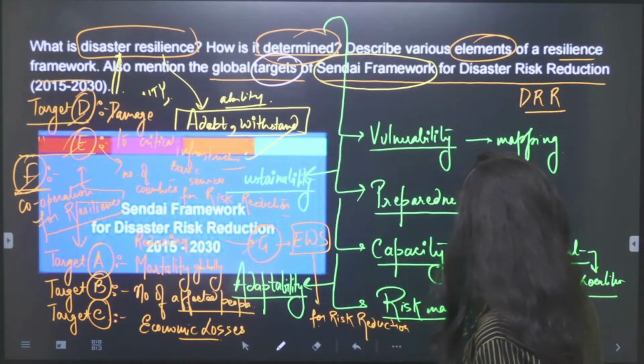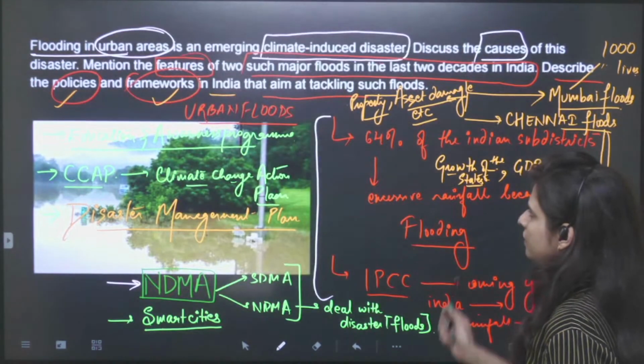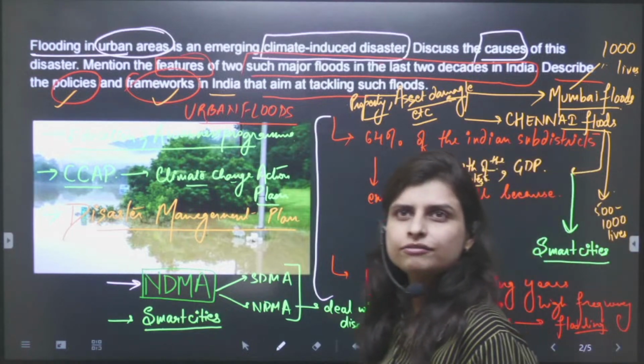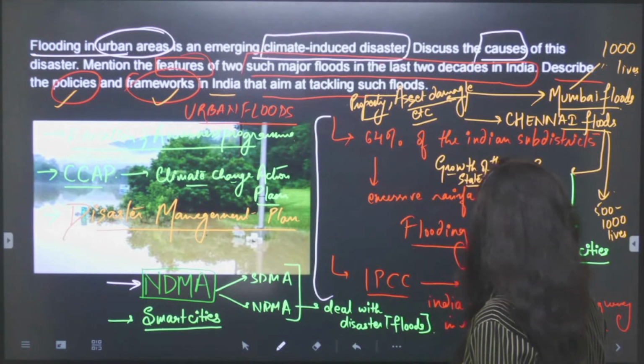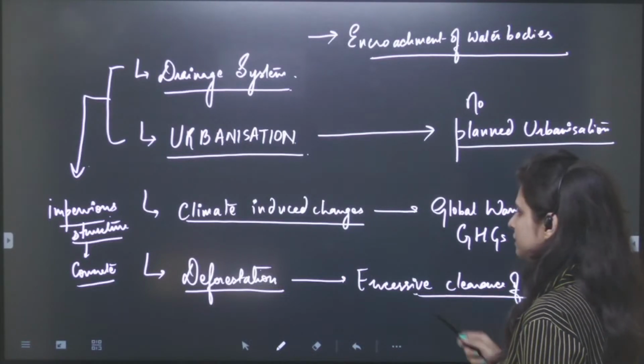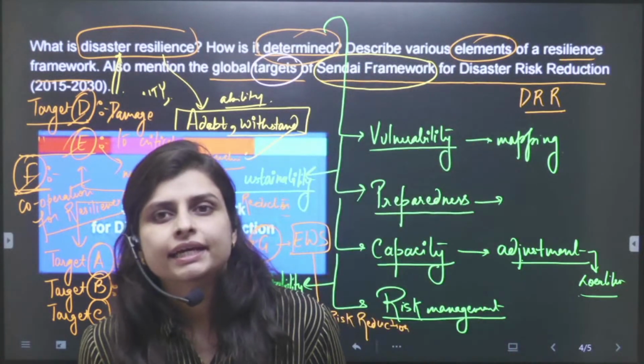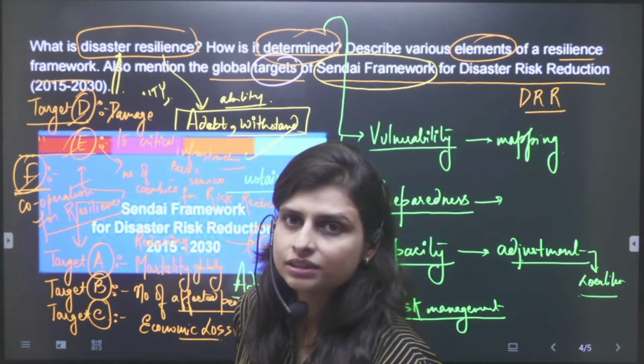Fine. Just a quick recap. This is about the flooding portion. Once flooding is there, we have the reasons, the causes, etc. Then we have the Sendai Framework. The Sendai Framework question is about disaster resilience.